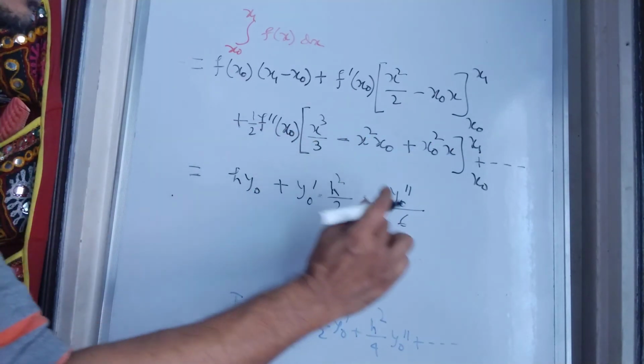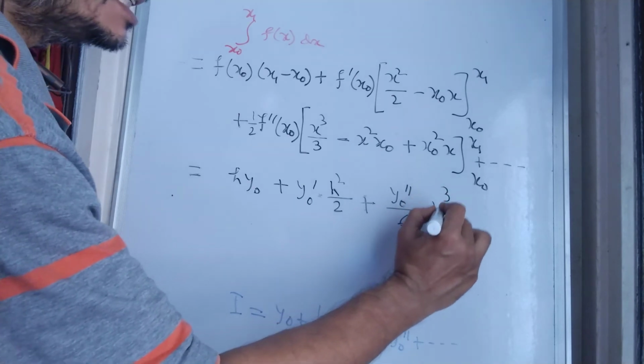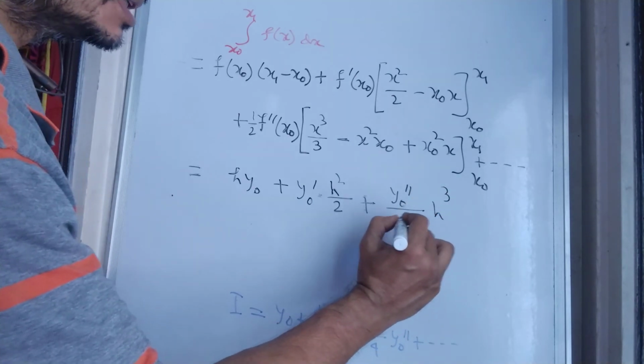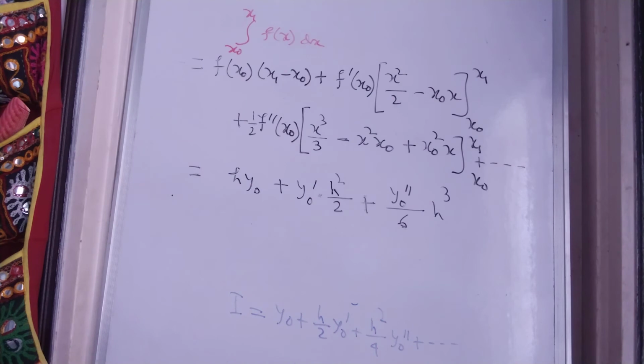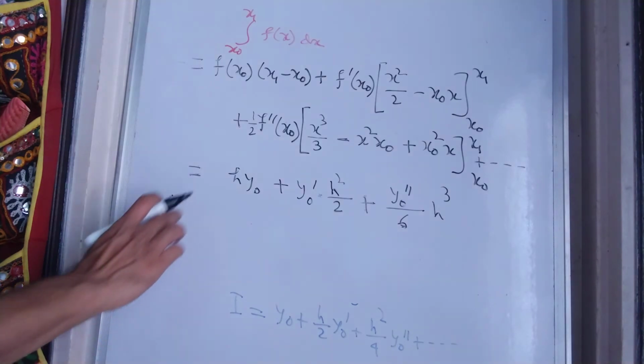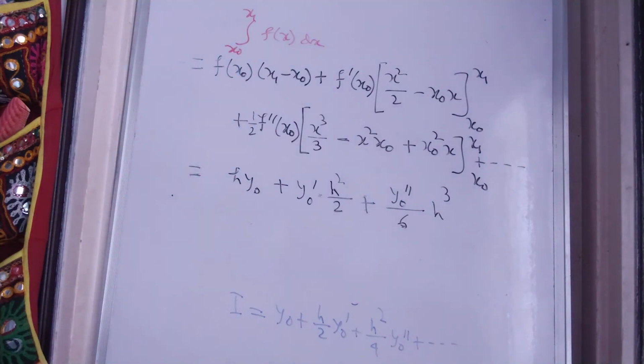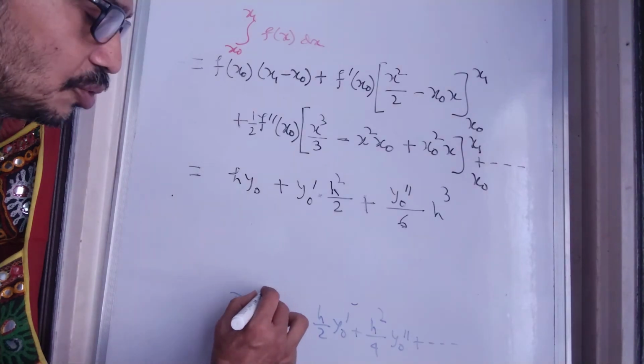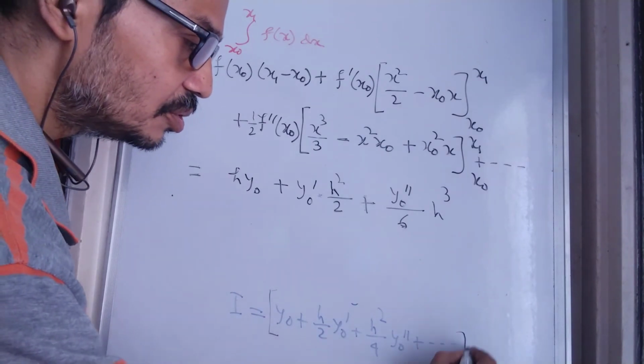The value of this term is actually nothing but h cube, isn't it so? So this term is like this. So this is the value of the actual integral, and the value of the numerical integral is this into h. We all know this into h.